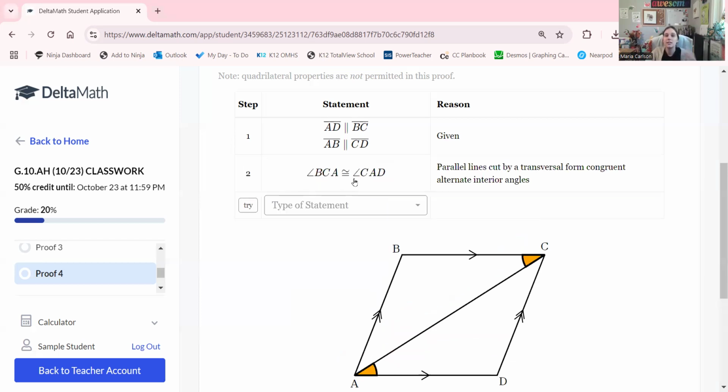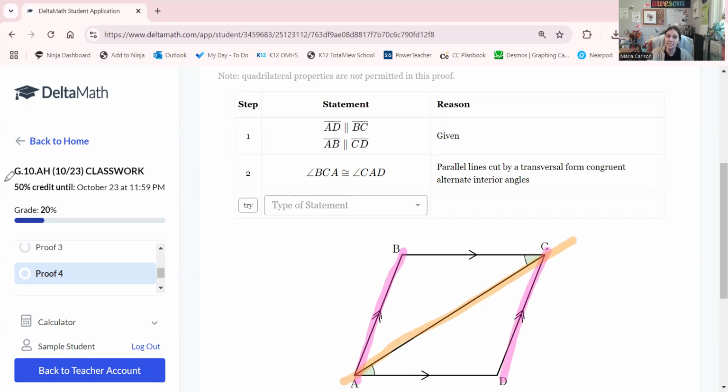Okay, now we also have those other sets of parallel lines. Arguably, parallel lines with a transversal should have some alternate interior angles as well. So let's think about what those would look like. We have side AB and side CD, and they are cut by this transversal AC.